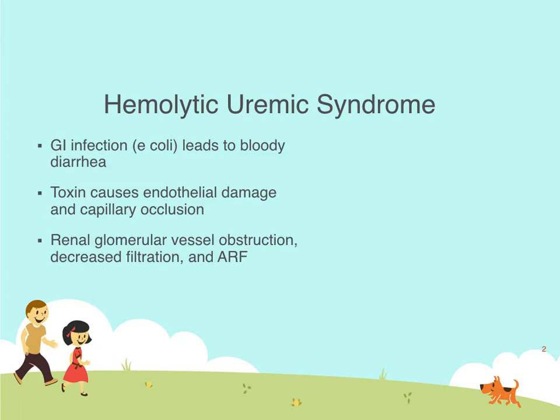If the fluid overload is severe enough and can't be corrected with medications, the child may need dialysis. The urine output for this child who has HUS is between normal to decreased. It is not complete oliguria.